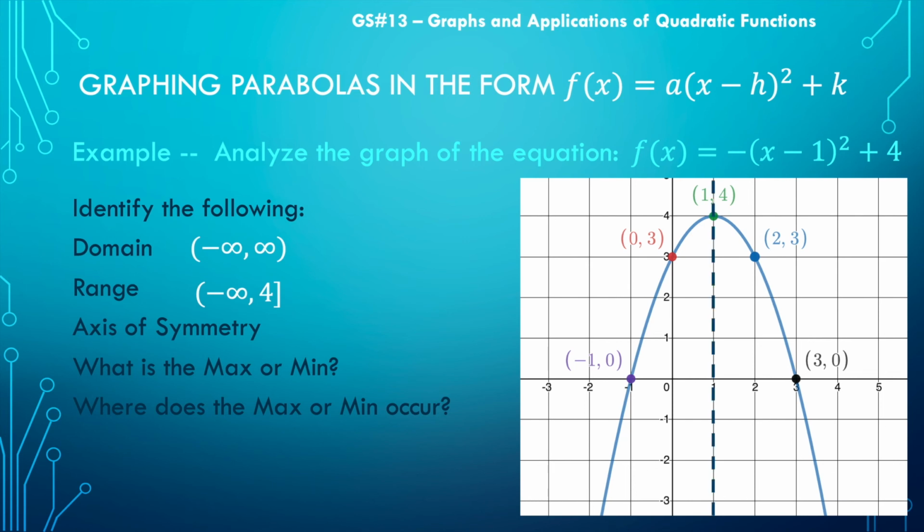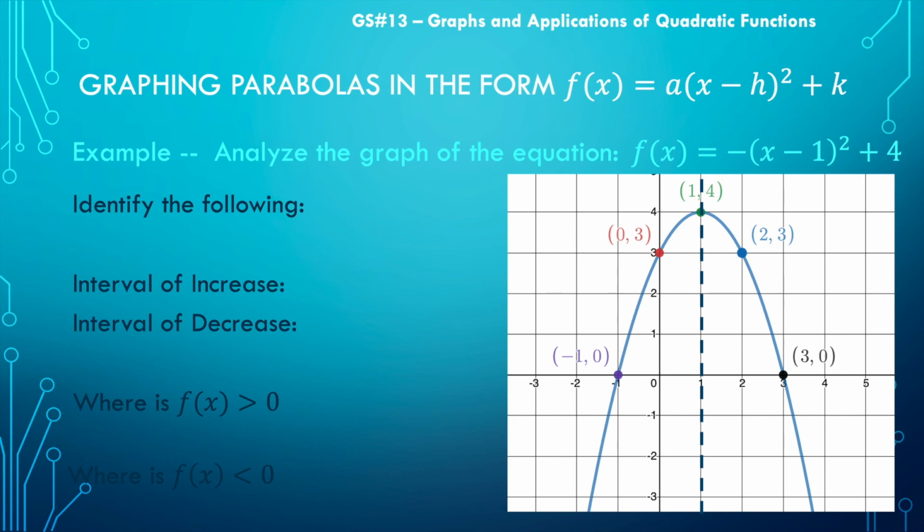Name it. That's x equals 1. Is there a max or a min, and what is it? In this case, we have a maximum at the vertex, and that maximum is 4. And where does it occur? That happens at x equals 1.